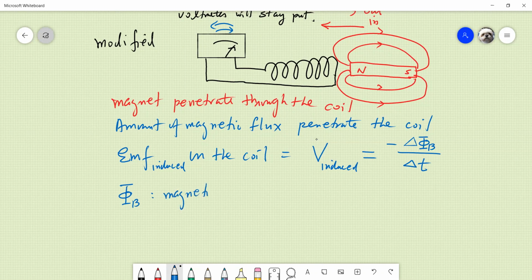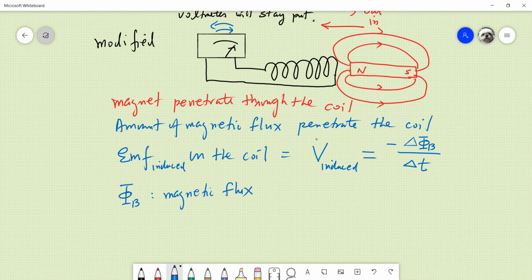If you move faster, the time will be shorter, so the induced voltage will be larger. If your magnet is stronger, the induced voltage is stronger. Make sense?